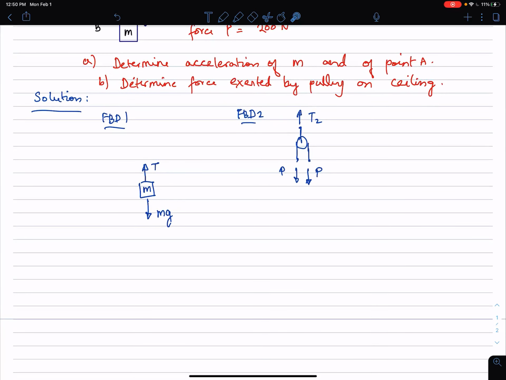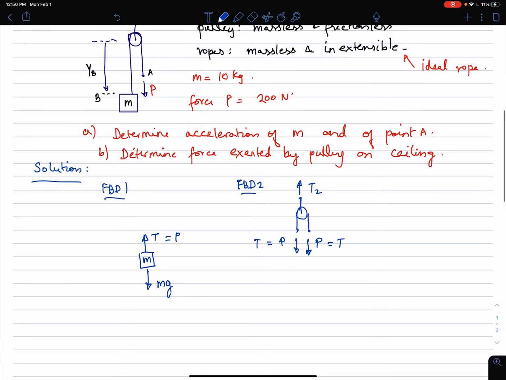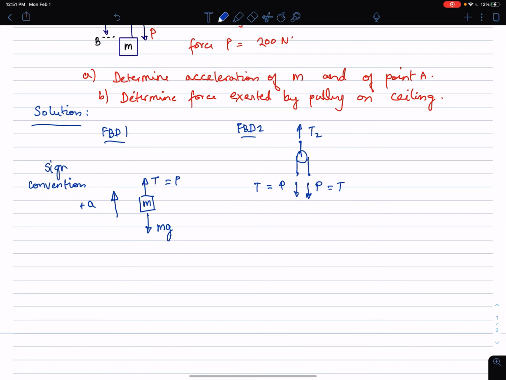For part A, T equals P. Let's say the acceleration is defined as A, this is positive A, this is the sign convention. Okay, this is positive A. So let's write sum of forces equals MA for FBD1.